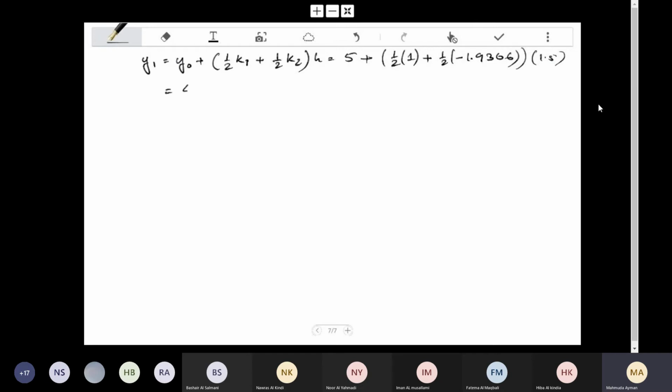And this gives us the value 4.302. Now I want to say that this is approximately y of 1.5.